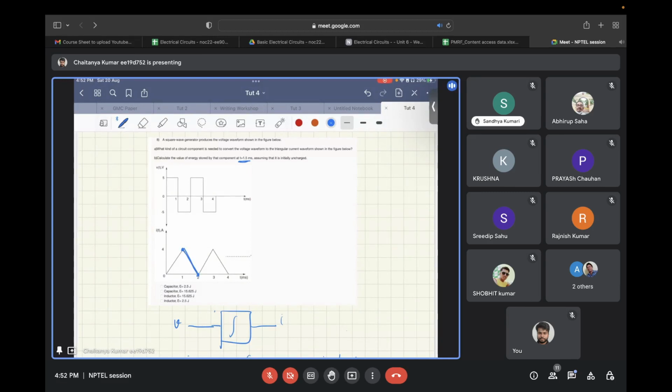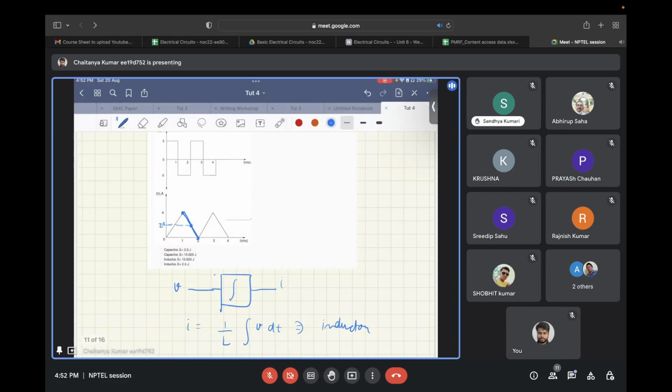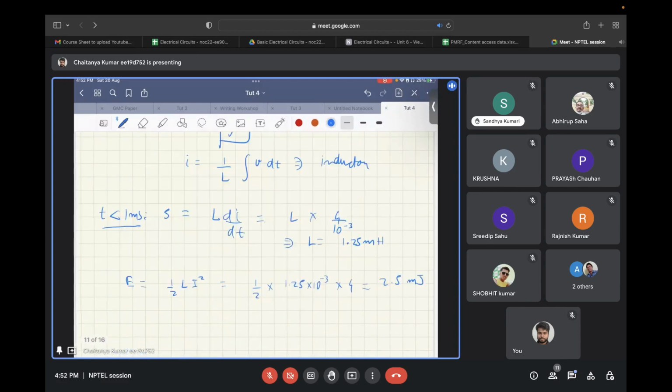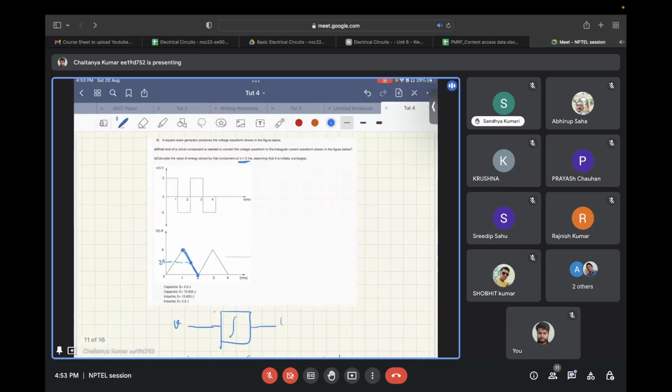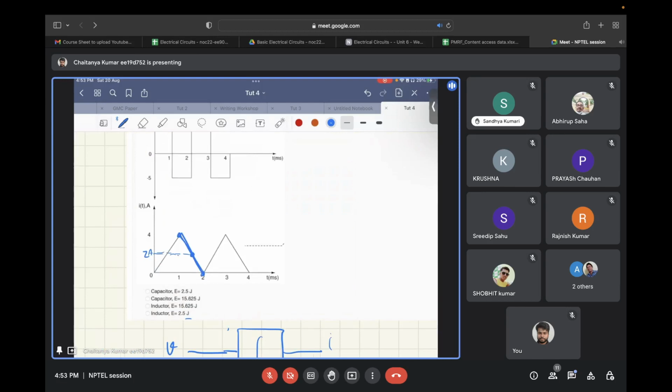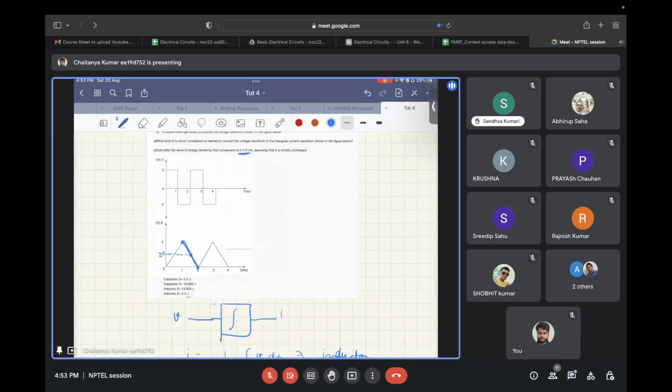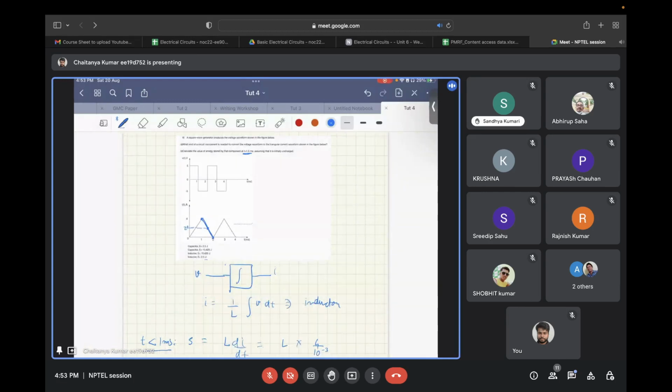So at 1.5 milliseconds, it will be exactly midway, and that will be 2 amperes. So from there, using half L i squared, you can find the value of the energy stored. That comes out to be 2.5 millijoules. Actually, the question has values in joules, so I think this is some inconsistency. So any doubt in this?